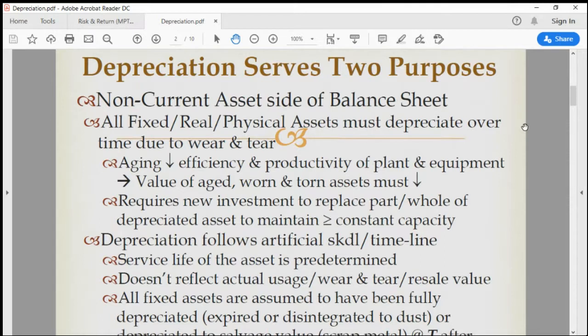Understand? Of course, with the aging, in the market, let's say you had a car that was a $50,000 car at the time of the purchase. When you bought the car, and this is your personal vehicle, at time zero, it was $50,000.